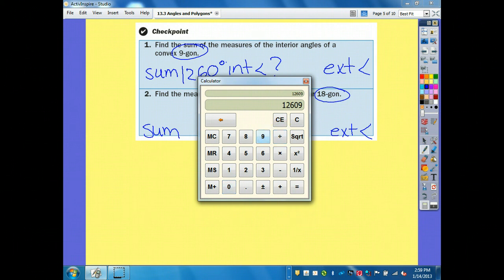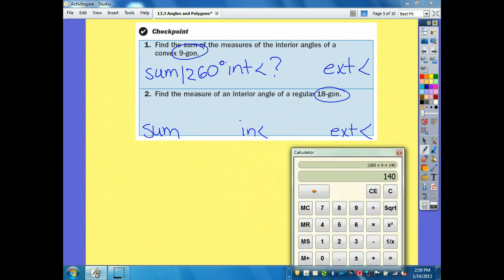Oops, got the division, just make it clear. There you go. So one interior angle equals 140 degrees. Good. Hand up for the exterior.